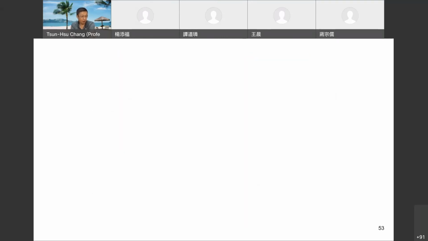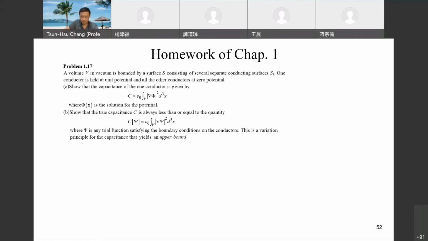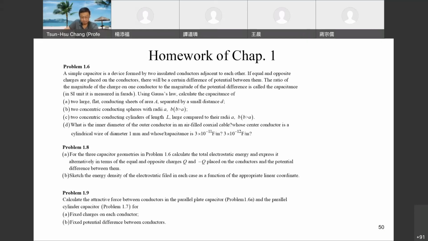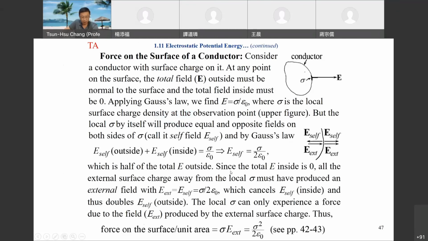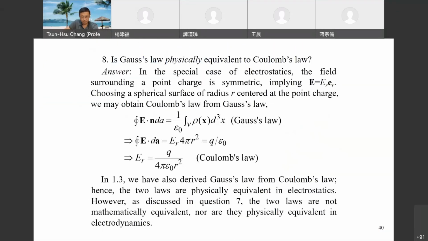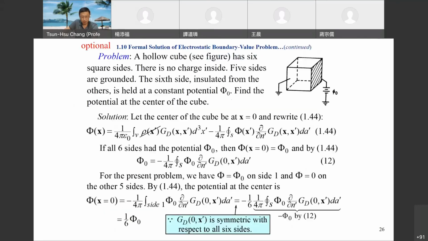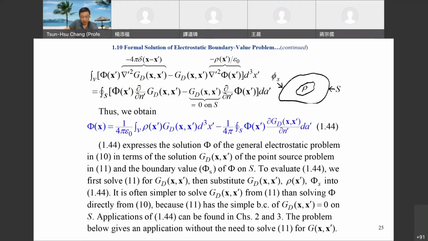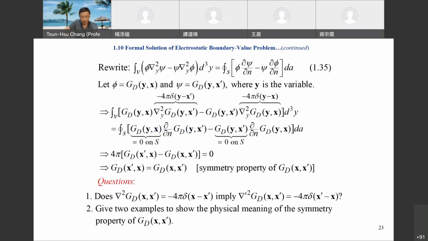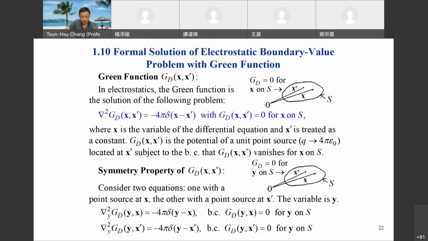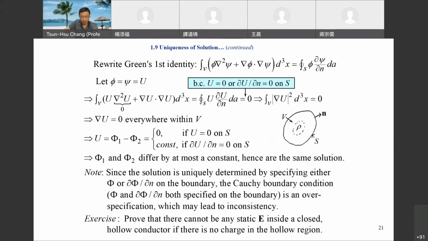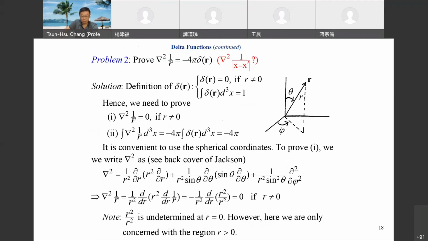老师，我可以再问一次刚刚那个问题吗？可以。就是我们如果看 Jackson 的1.42，应该在蛮前面的。Page? I don't quite know. Previous page, I guess. 1.42.